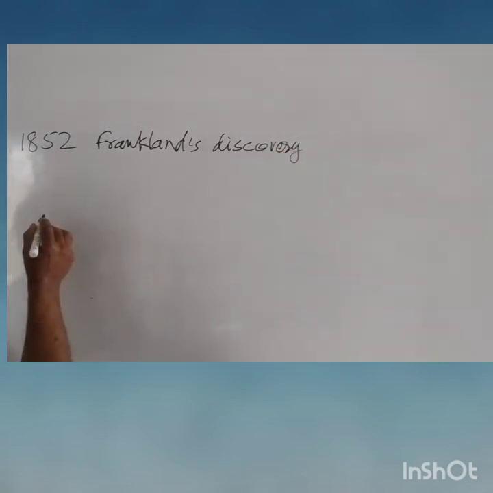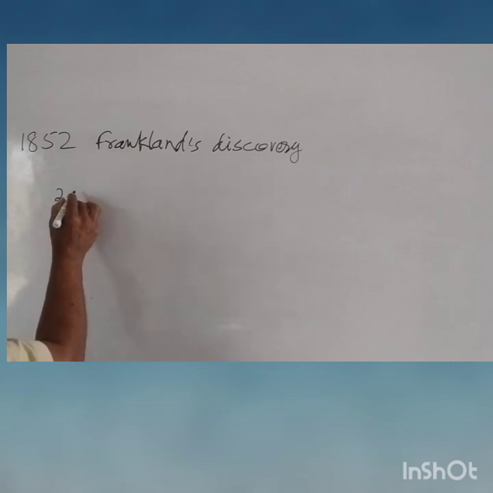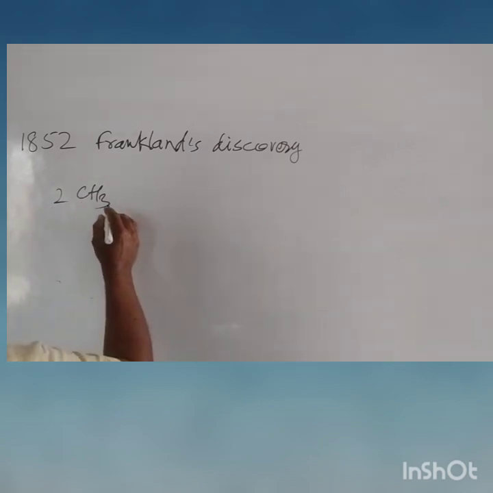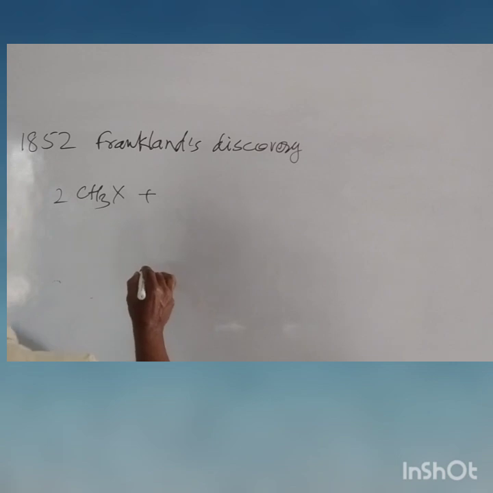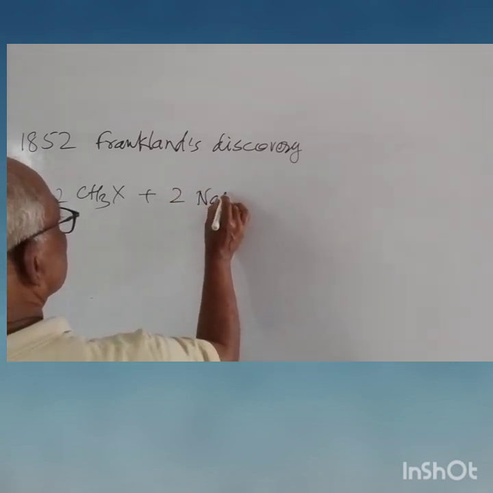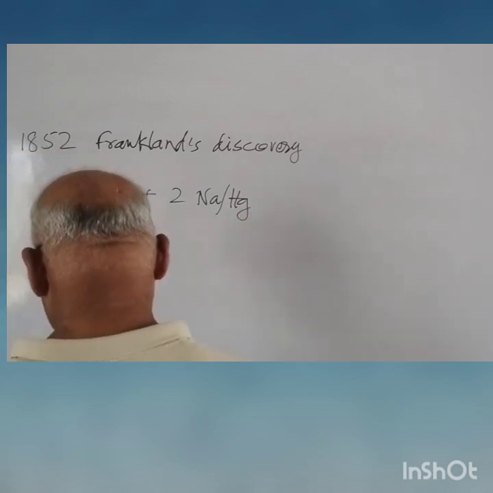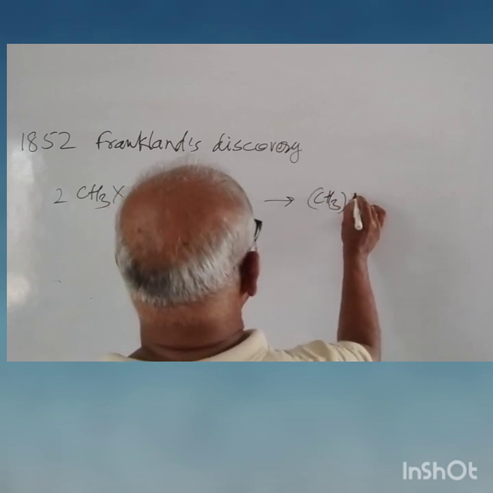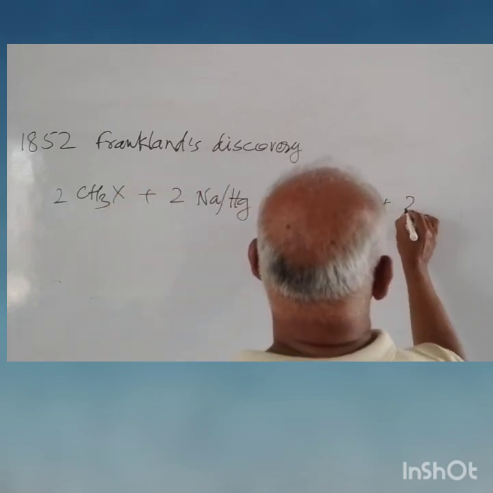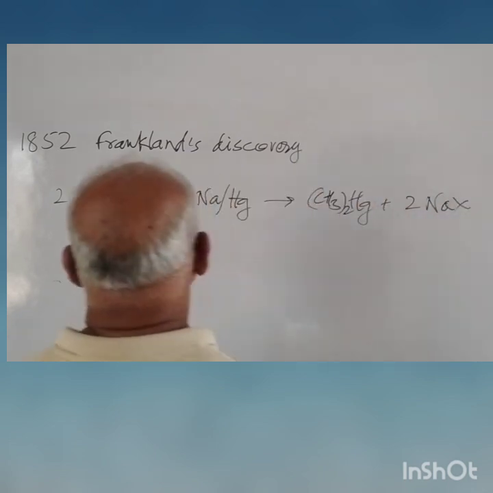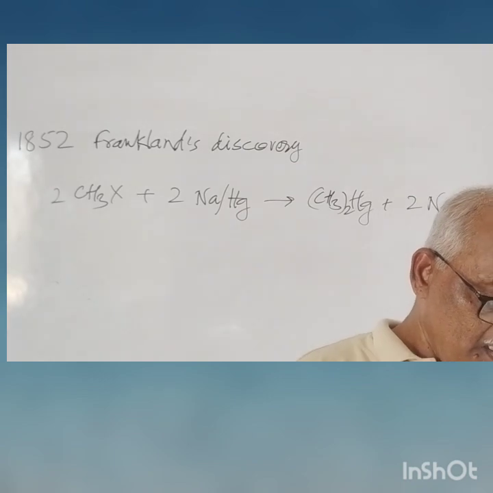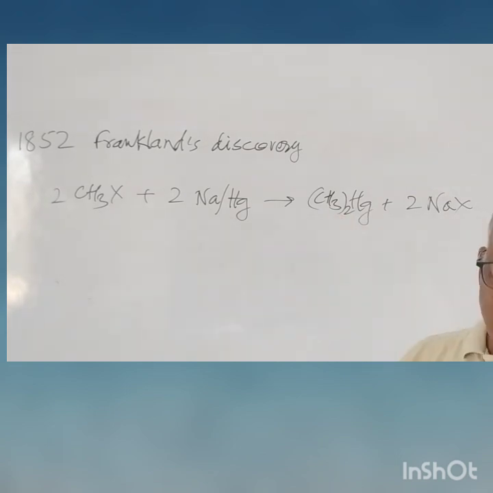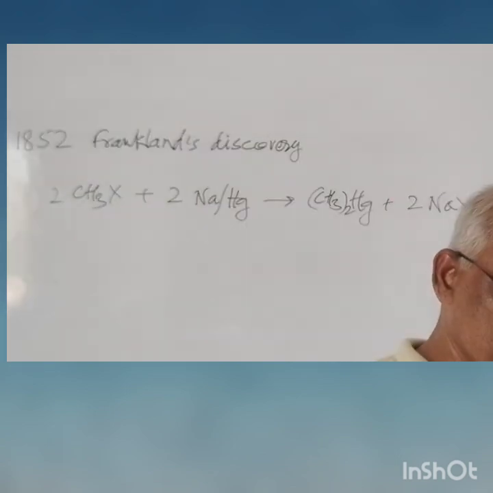When he reacted methyl halide with sodium amalgam, Hg, he obtained dimethyl mercury plus 2 NaX, which provided an alternate way for the formation of new types of organometallic compounds.